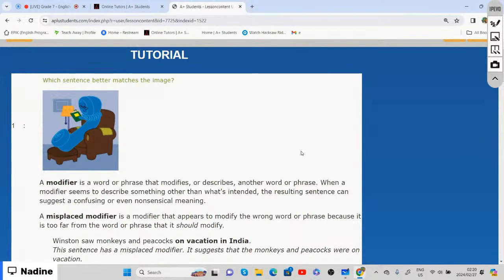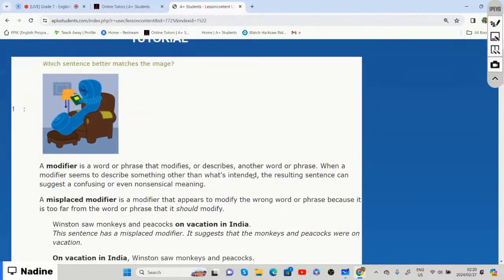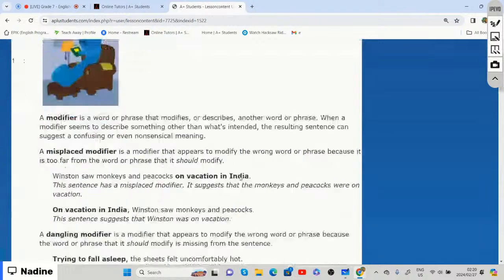And once again, we said a modifier is a word or phrase that modifies or describes another word or phrase. And when a modifier seems to describe something other than it's intended to, then the resulting sentence can suggest a confusing or even nonsensical meaning. And then we have a misplaced modifier, which is a modifier that appears to modify the wrong word or wrong phrase because it is too far from the word or the phrase that it should modify.